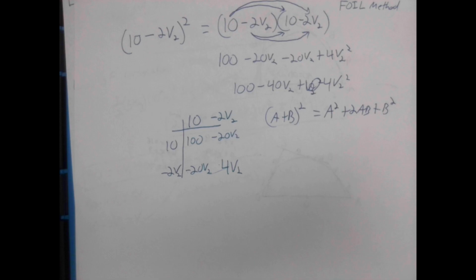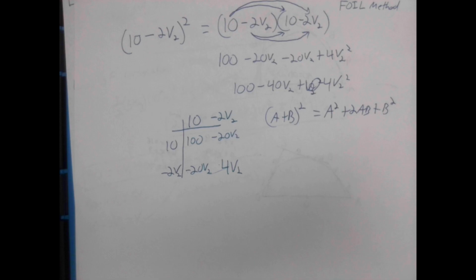So now we group like terms. We have a v2 squared and a v2 squared. This is 15v2 squared. I'm also going to subtract 250 from both sides, which cancels that out, giving us 0 equal to 0 minus 100.